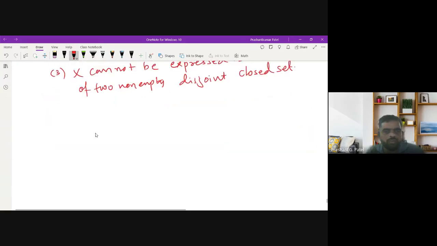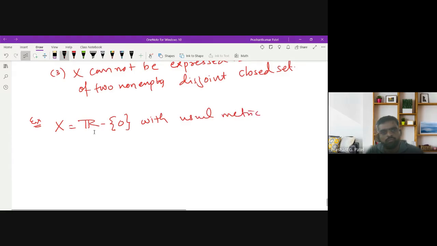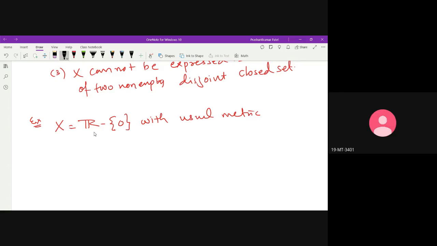Let us talk about some examples based on this. If I have the metric space X equal to R minus 0 with the usual metric, can you say this is connected or disconnected? What is your answer? Disconnected.